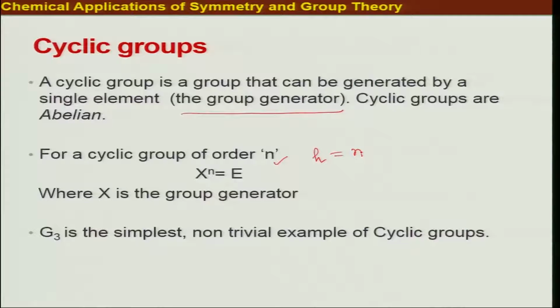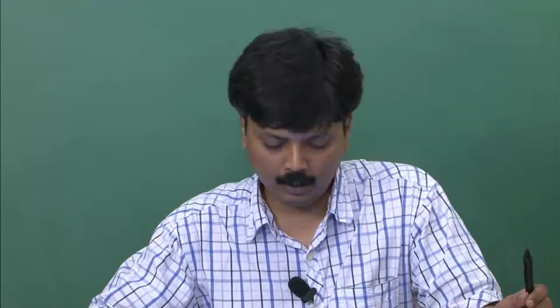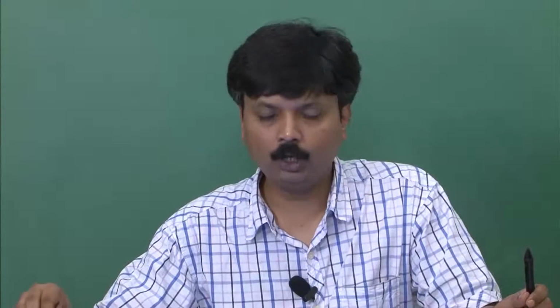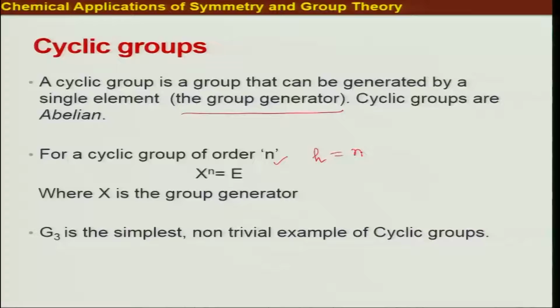We just had an example in terms of this G3, where the generator was A. And this G3 is the simplest non-trivial example of a cyclic group. Otherwise, one can think of G2 or even G1, with only the identity element. They will satisfy the condition of a cyclic group, but they are trivial, right? So this is the first non-trivial example of a cyclic group. This is G3. All right.